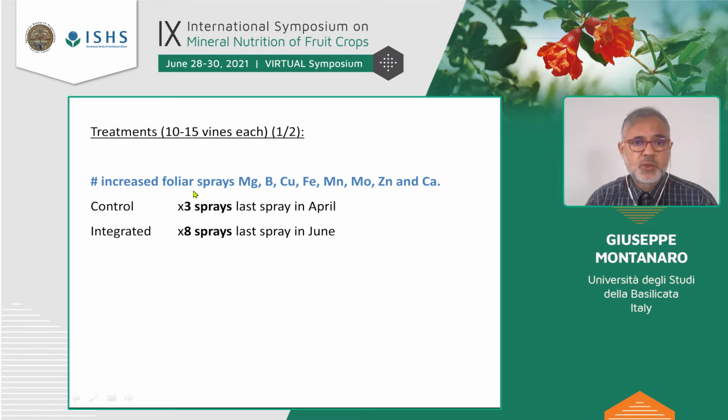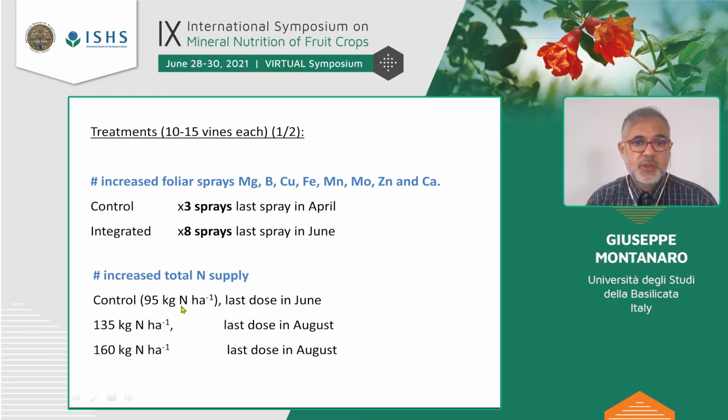In order to increase the foliar sprays, we have the control treatment with 3 sprays, and we integrated this control treatment with 8 sprays, the last one in June. The other treatment was increasing the total nitrogen supply. We reached these 2 levels, 135 and 160 kilograms of nitrogen, and the timing was also adjusted compared to the control.